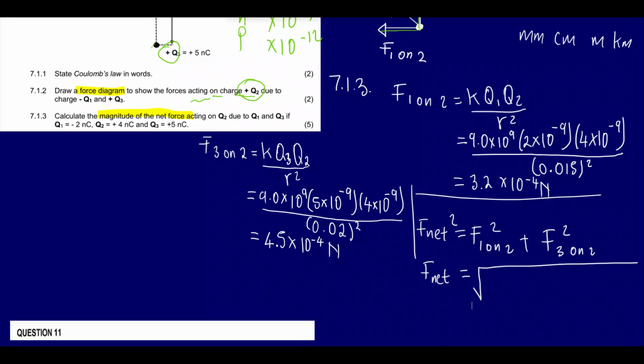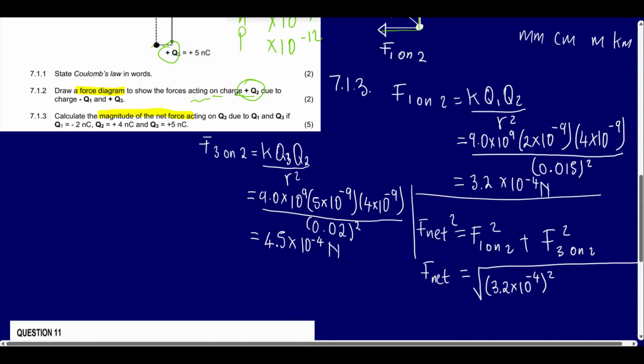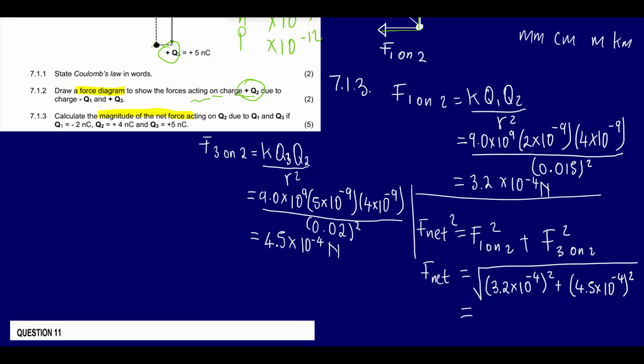But because we're looking for F net, we simply put the square root of that, substituting the actual values: 3.2 times 10 to the power of negative 4 squared plus 4.5 times 10 to the power of negative 4, also squared. Let's punch that quickly on the calculator to get the net force.